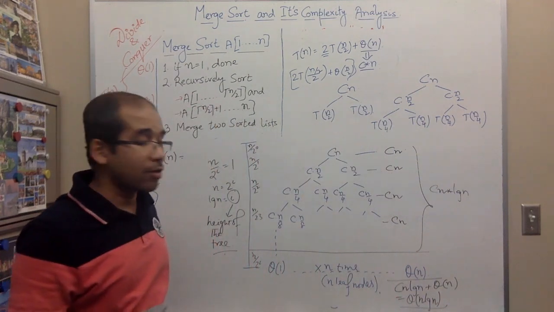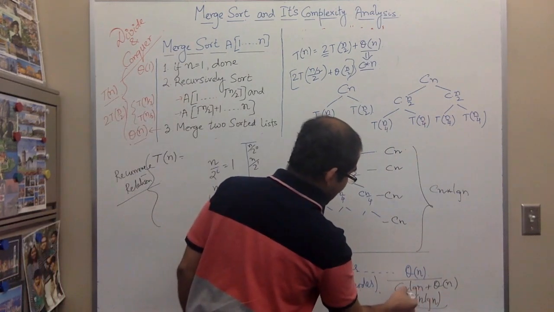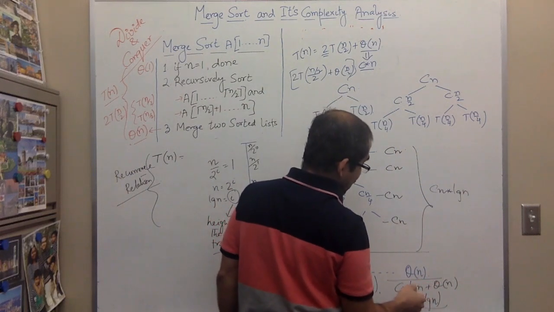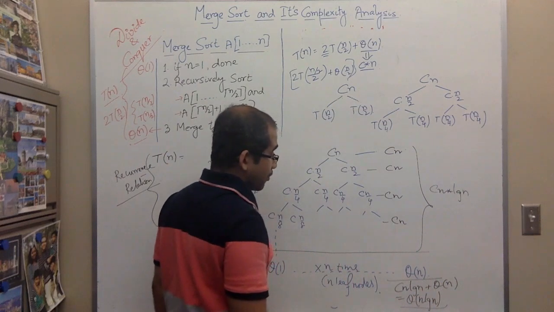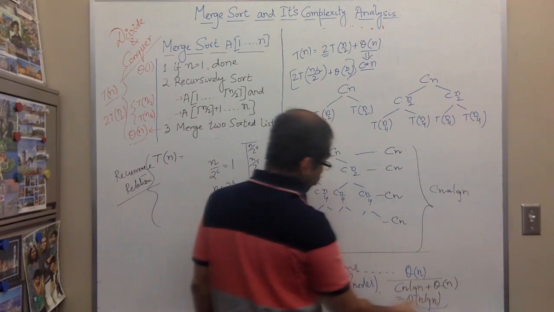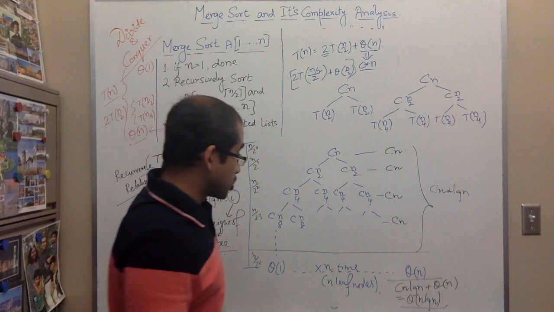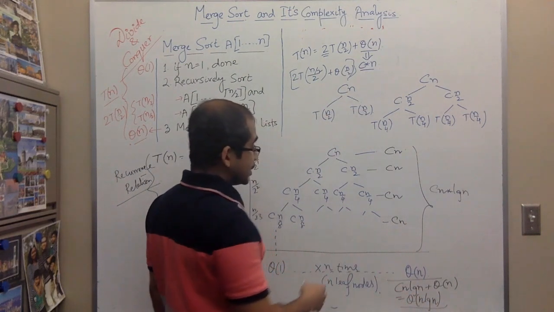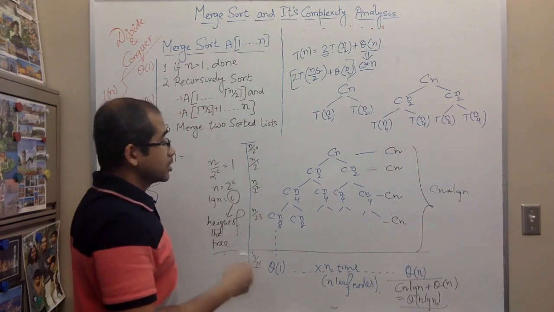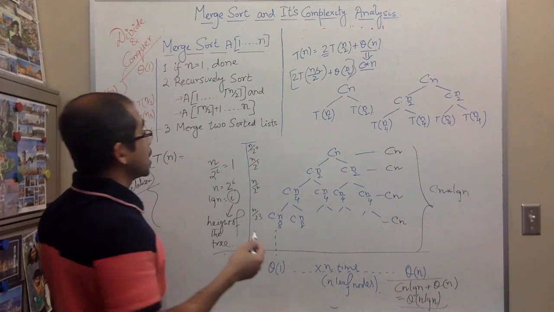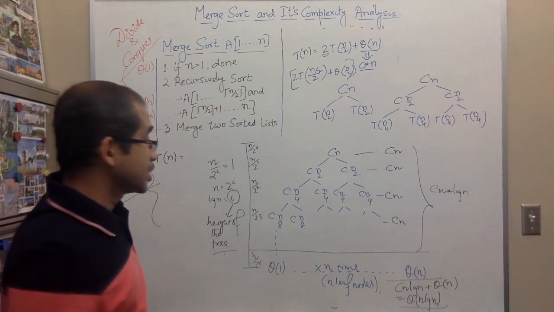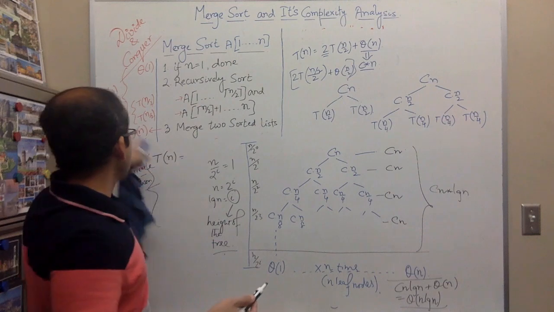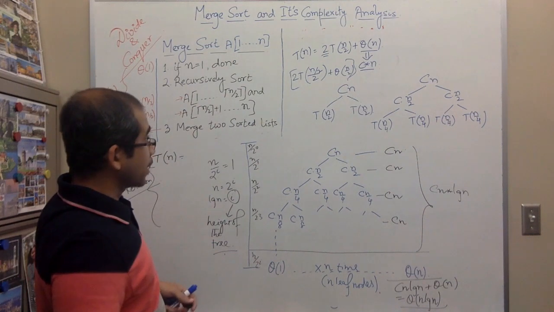Cn log n can be represented as theta of n log n, and that has a larger growth rate than theta of n. Whichever is the largest term will persist. So the total cost of merge sort is Cn log n plus theta n, which is theta of n log n. That's why merge sort's time complexity is theta of n log n. So finally we get the value of T(n), which is theta of n log n.